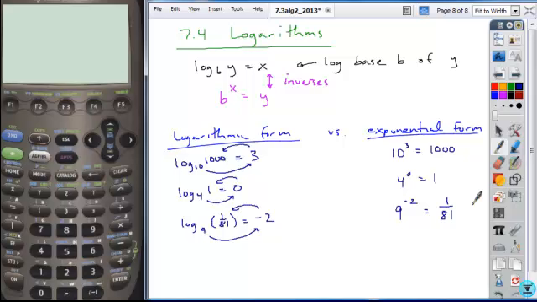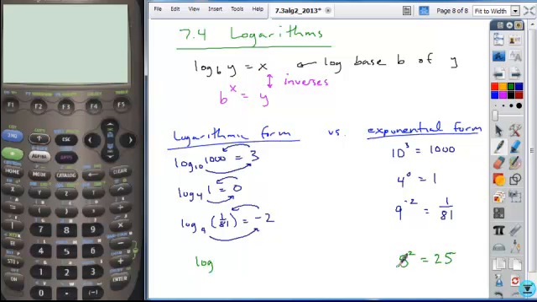Okay, we can move the other direction as well if we needed to. So if we started with 5 squared is equal to 25, and we wanted to write this as a log, we would take log, what would be the base of our log?